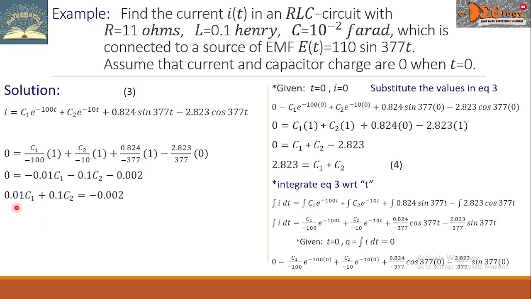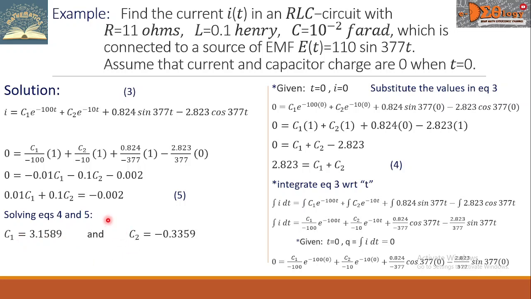We have now the 0.01 C sub 1 plus 0.1 C sub 2 equals negative 0.002. This is now equation number 5. Next thing to do here is to solve for equation 4 and 5 so that we will have the values for C sub 1 and C sub 2 respectively.